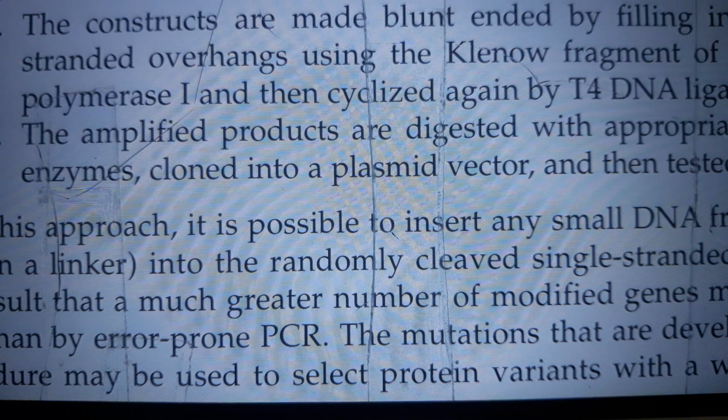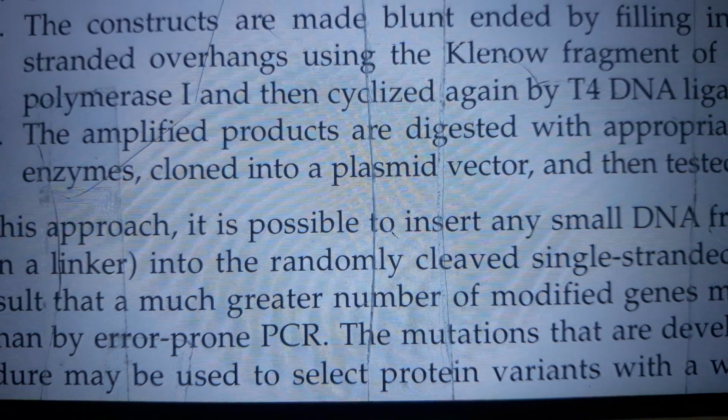The linkers are removed by restriction enzyme digestion. 7. The constructs are made blunt-ended by filling in the single-stranded overhangs using the Klenow fragment of E. coli DNA polymerase I, and then cyclized again by T4 DNA ligase.